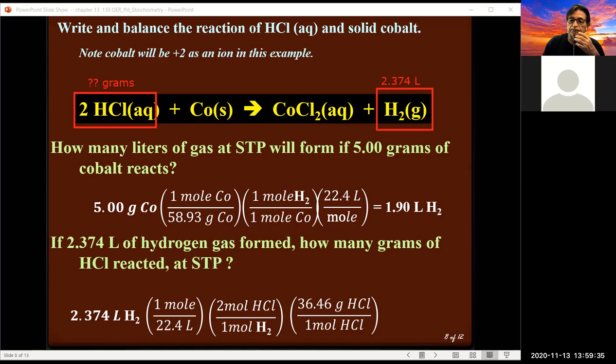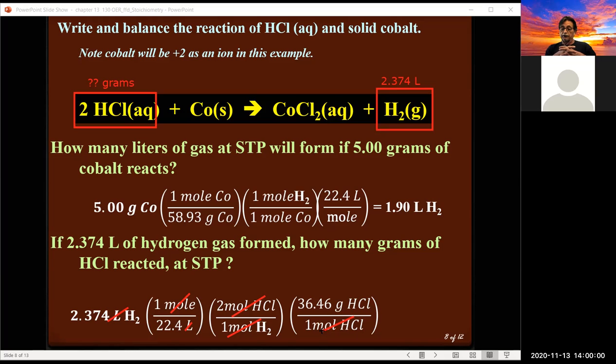Okay, so at this point, and as you go along, check your units, making sure that your units are canceling out correctly. At this point, unit wise, before I even do any mathematics, my units show me that I am in grams of hydrochloric acid.